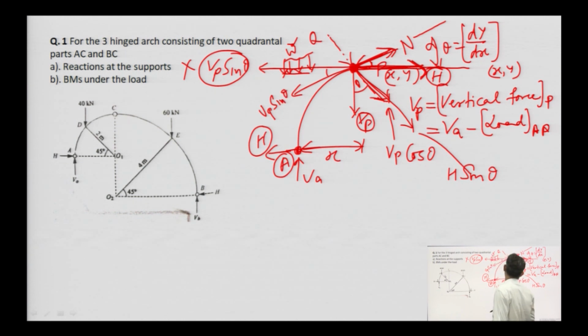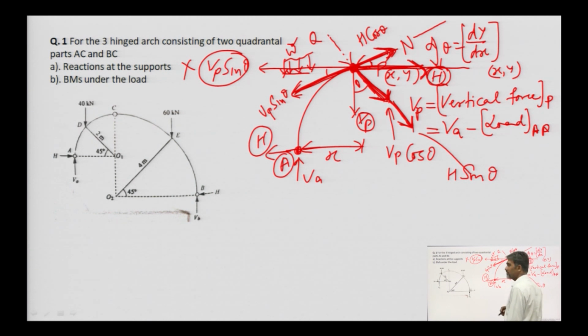V p has been resolved along this one component, V p cos theta, and this one component V p sin theta, okay. This is not a perpendicular axis, okay. And H has been resolved in this direction, and it will be H into sin theta, and along this it will be H into cos theta.